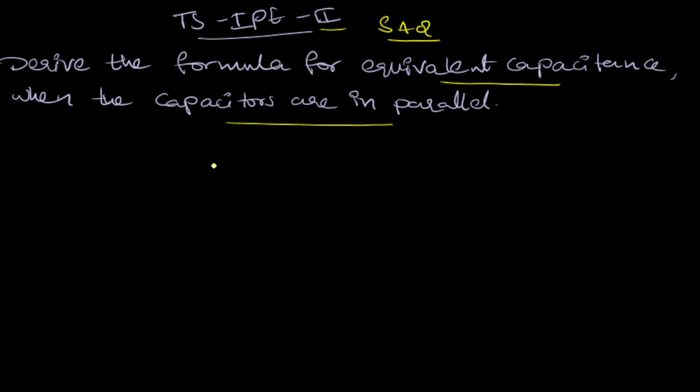Okay, for this purpose, let us consider three capacitors C1, C2 and C3. For parallel combination, all the positive terminals of the capacitors are connected at one end, and all the negative terminals are connected at one end.